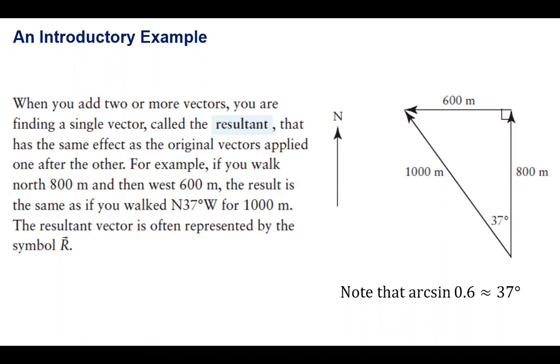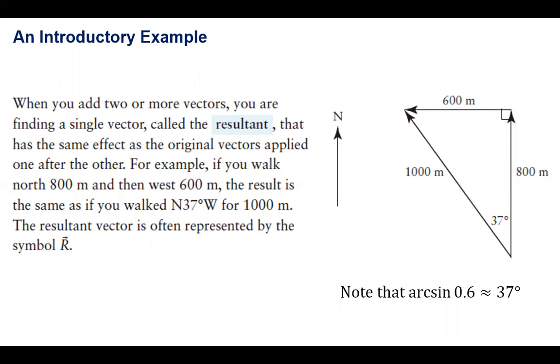Note that arc sine 0.6 equals approximately 37 degrees. The resultant vector is often represented by the symbol R.